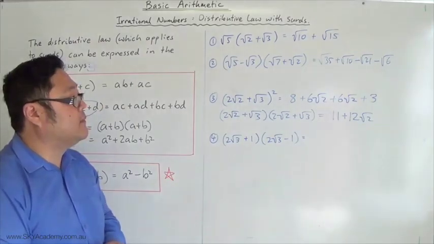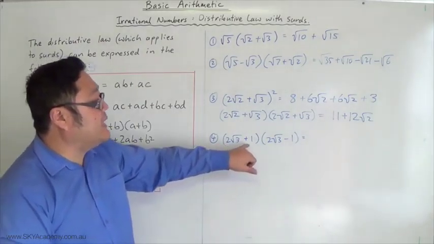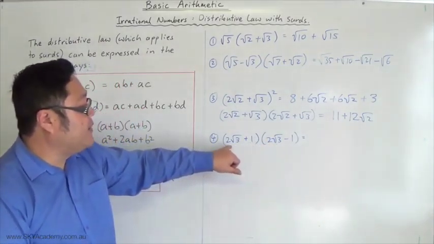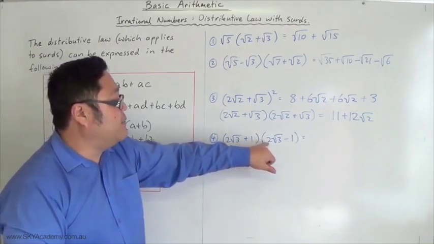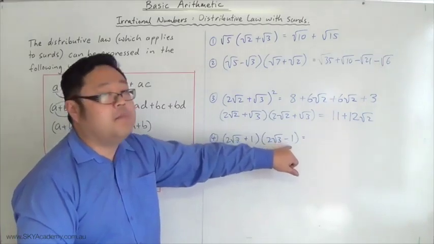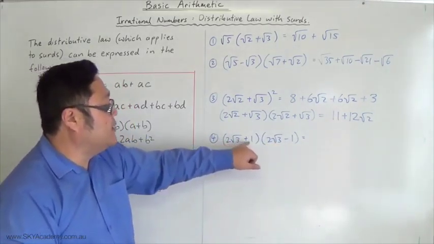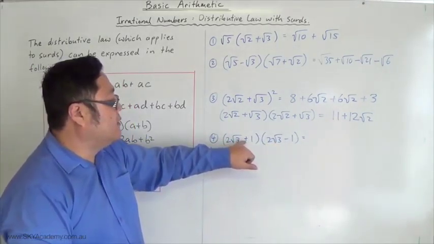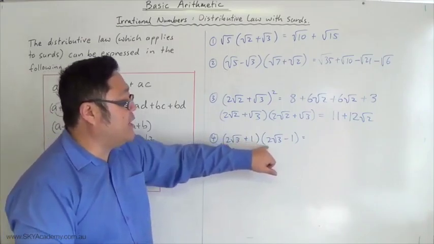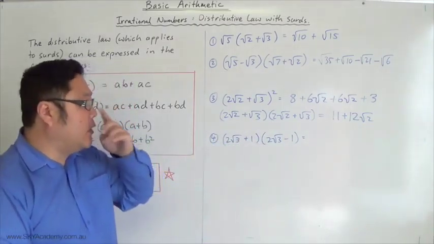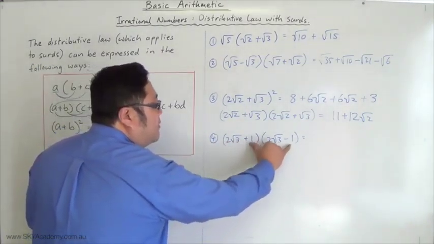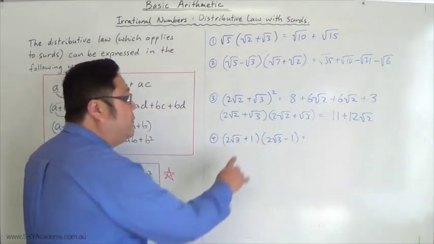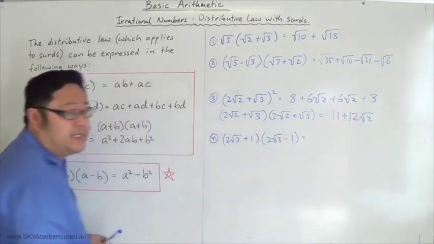Now I want to come to the last type of question that you'll get, and that is 2 root 3 plus 1 times 2 root 3 minus 1. What do you notice about this expression and this expression? What you notice is that they're the same expression, except the middle operation sign will be plus in one case and minus in another.